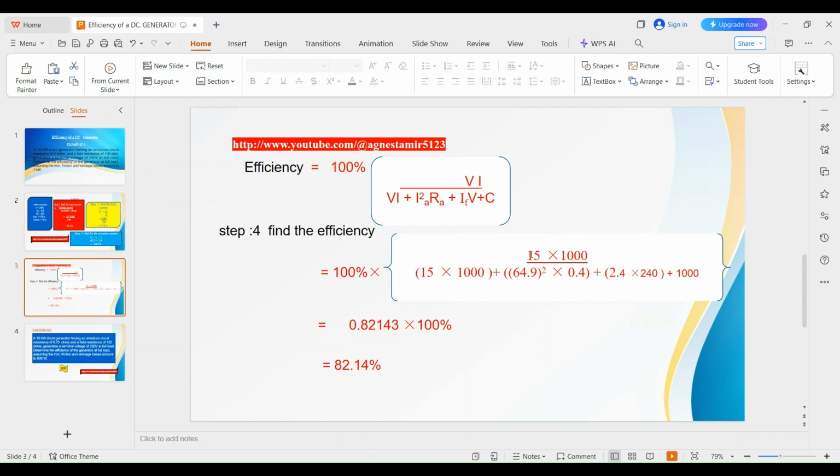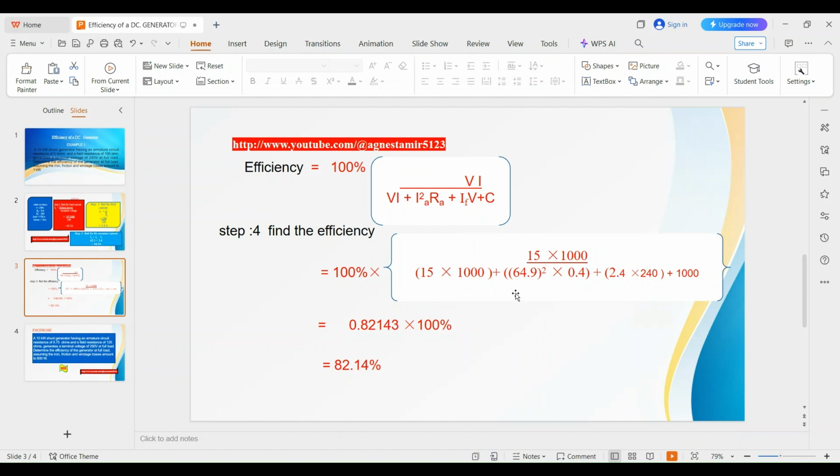So we have 15,000 divided by 15,000 plus 64.9 squared multiplied by 0.4, plus 2.4 multiplied by 240, plus the losses, which we were told is 1,000.